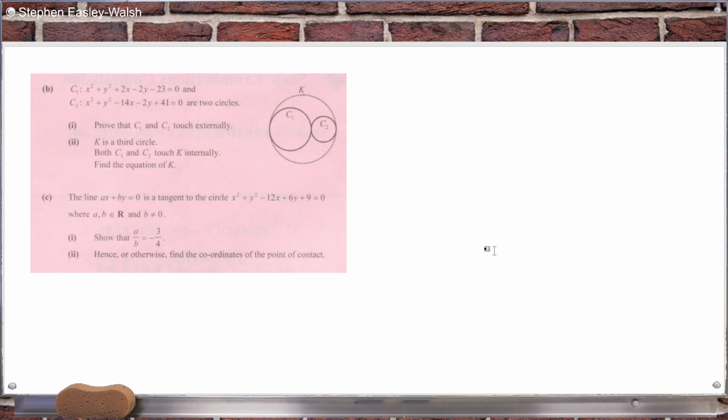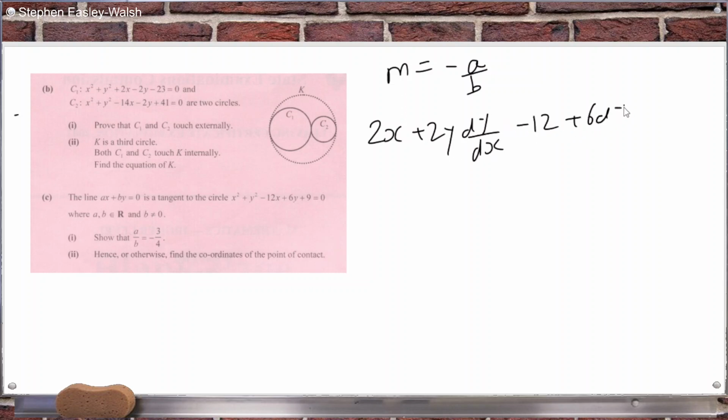Okay. So, I wonder, that line has a slope of minus a over b. And let's get the slope by calculating the derivative. 2x + 2y dy/dx − 12 + 6 dy/dx = 0.